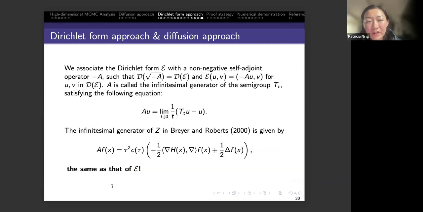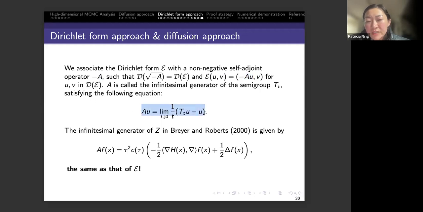And now let's compare the Dirichlet form approach and the diffusion approach. If we associate the Dirichlet form E with the non-negative self-adjoint operator negative A, such that the domain of square root of negative A is equal to the domain of E, and we set this E, the Dirichlet form E(u,v), equal to the inner product of negative Au and v for u, v in D(E), A is called the infinitesimal generator of the semigroup T_t, satisfying the following equation.